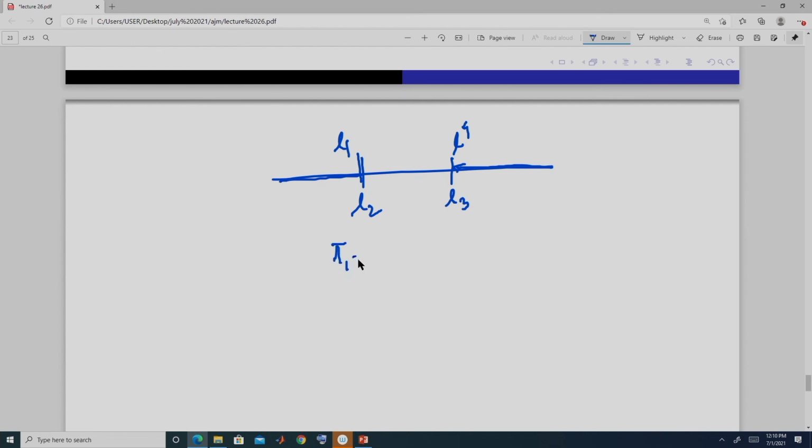The profit of farm 1 is going to be P times L1, this whole distance. The profit of farm 4 is going to be this length. And we have L1 equal to L2 and L4 equal to L3.